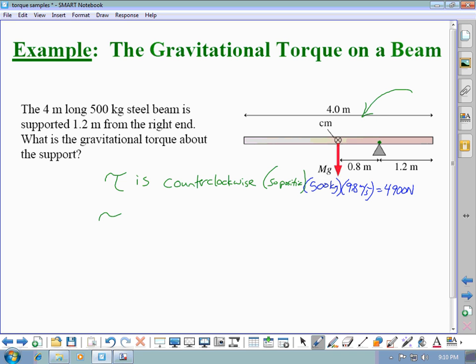And the torque is going to be the force, 4,900 newtons, times this distance between where the force is applied and the axis of rotation. Again, this force is perpendicular to that line, so we're just using the 0.8 meters. And so that gives a torque that's 3,920 Newton meters.